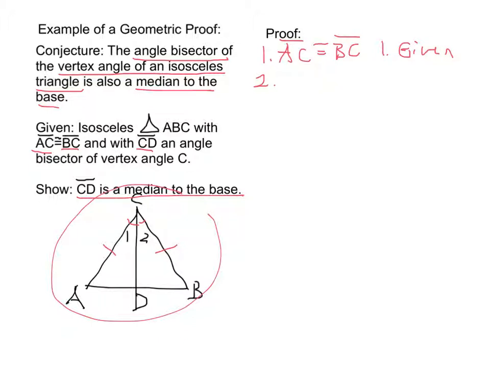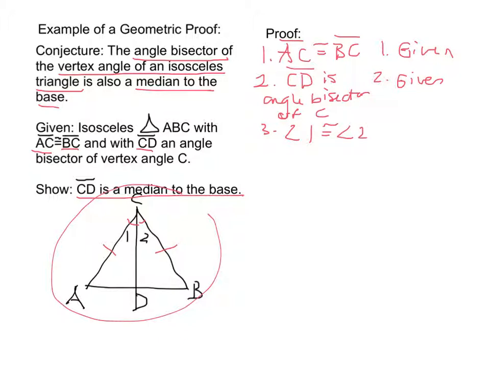And then we're going to say that CD is the angle bisector of C, and that's also a given. And then we can say that angle 1 is congruent to angle 2 by the definition of angle bisector.